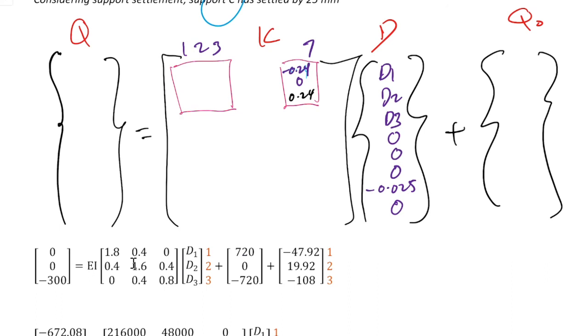And the last value D3 is positive 0.00593.